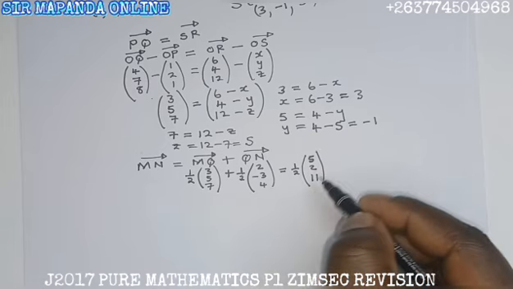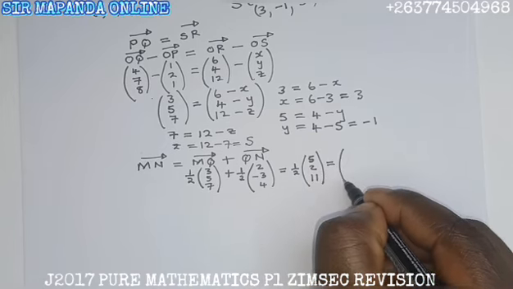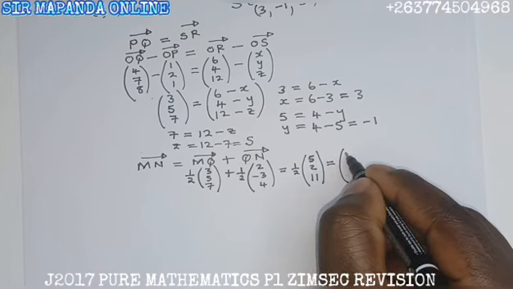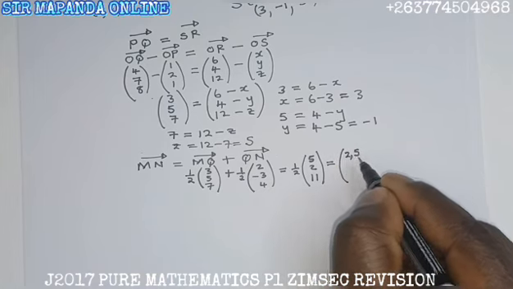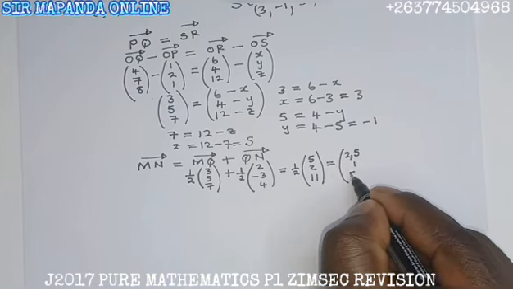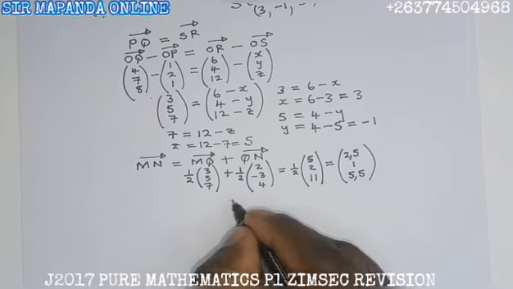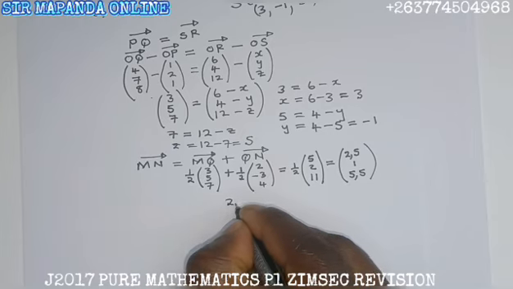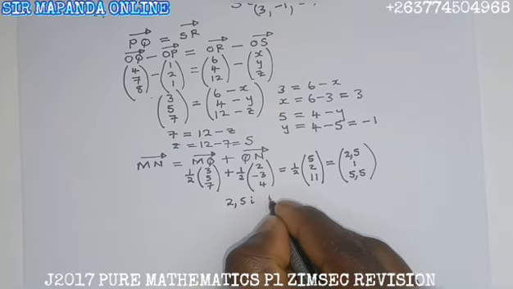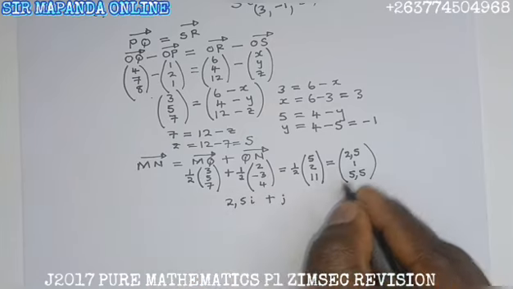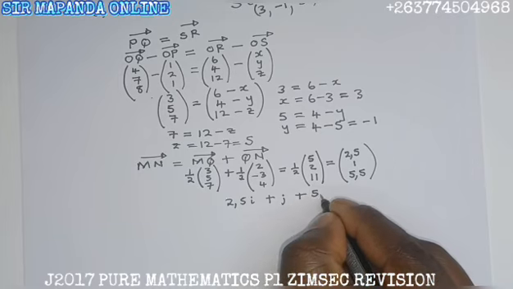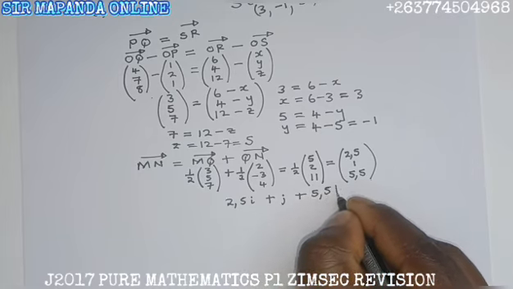So you are now dividing each and every term inside by 2. It gives you 2.5 here, you get 1, and here you get 5.5. Which is the same as 2.5i plus j, which is your 1, plus 5.5k.